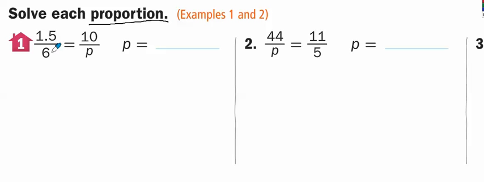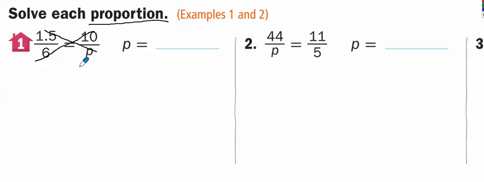What they taught us in the book is something called cross products. Cross products imply that if we multiply across our proportion from the denominator on one side to the numerator on the other, it will always be equal to multiplying from the numerator on one side to the denominator on the other.